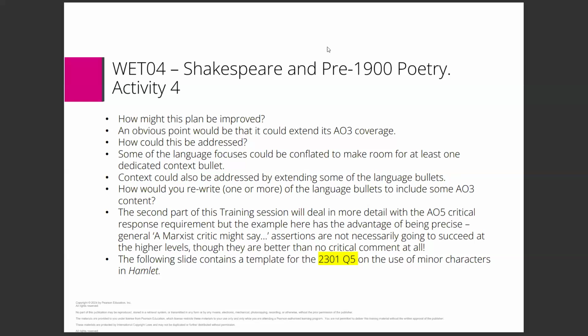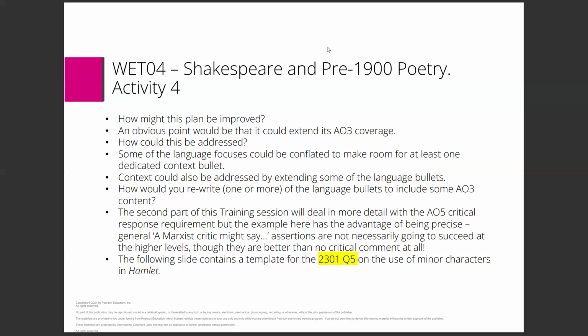And that may leave some room for considering context in further depth. It could be looking at context in relation to a language example. So if the language has a deeper meaning that's informed by context, the candidate could explain it further and evaluate the effectiveness of that choice of image.